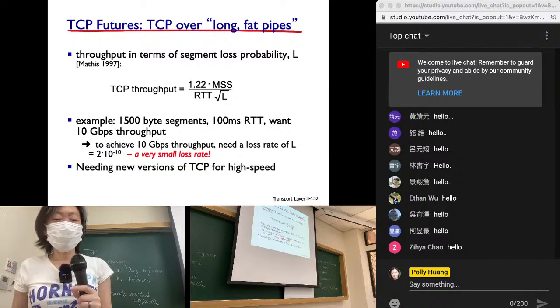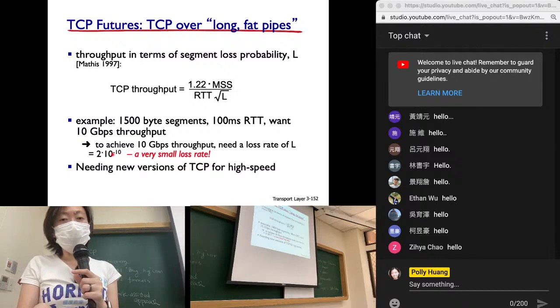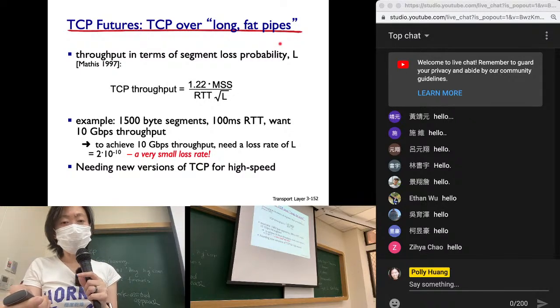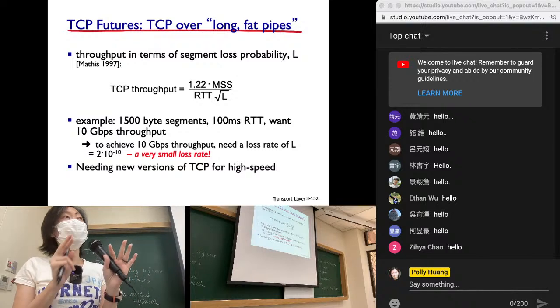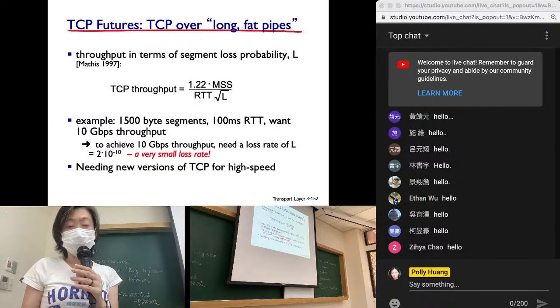So in a way, to support a really long, 100 millisecond round trip time, and fat pipe, meaning really, really high throughput, we need to have a lot of memory space at the sender and receiver. We also need to make sure the network will not give us a lot of loss, a lot of error.